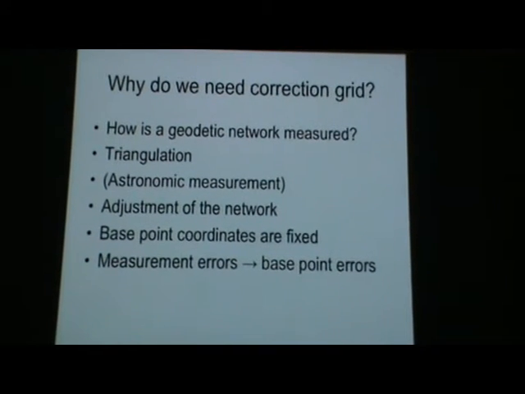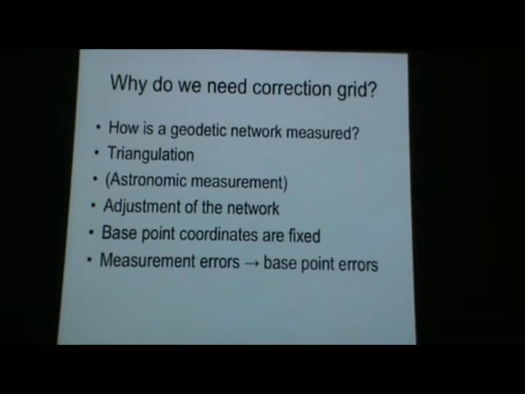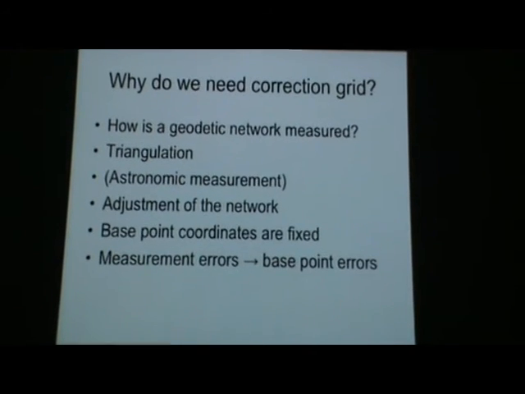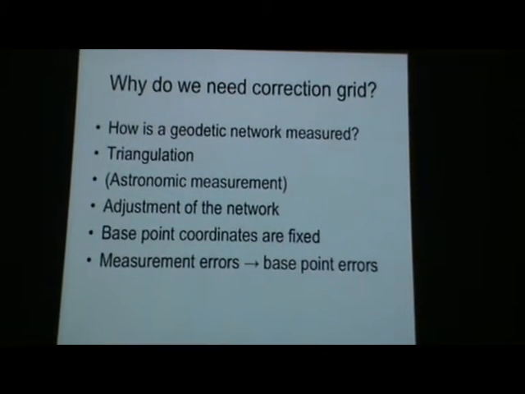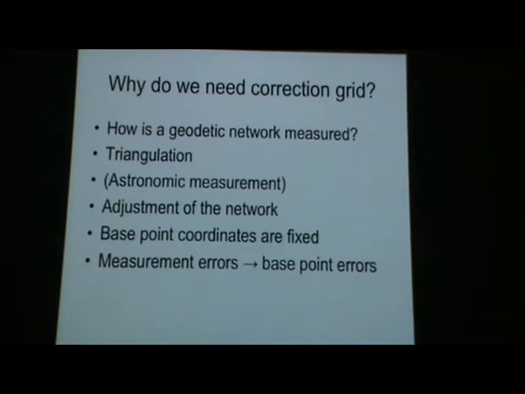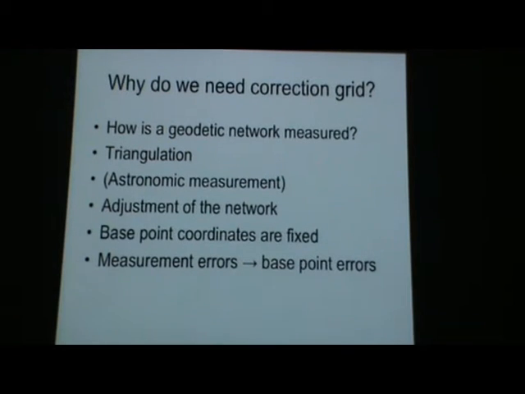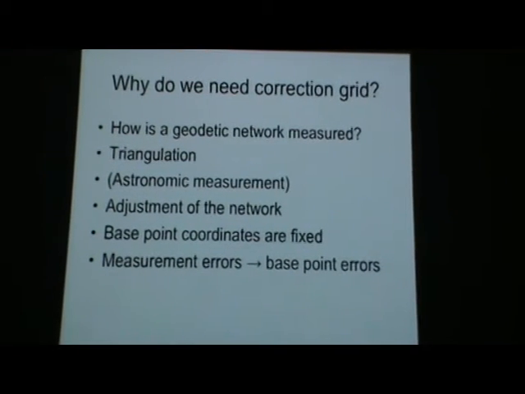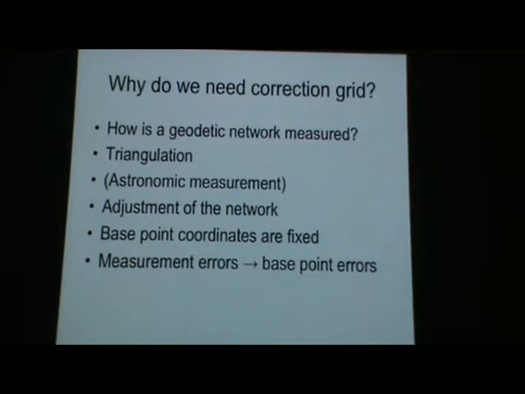The other problem can be handled with the 3 or 7 parameter transformation. The most important problem is the measurement errors. If one angle is measured with a blunder, a gross error, then these erroneous measurements influence the outcome of the geodetic work. So the base point coordinate would be wrong in one system.